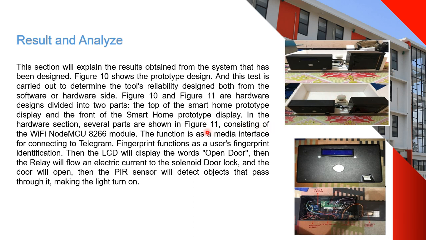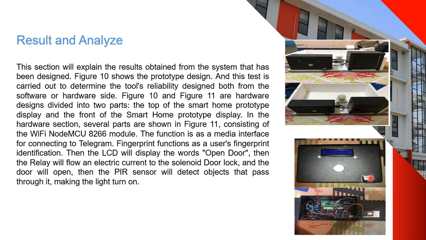And in the hardware section, several parts are shown in figure 11, consisting of the Wi-Fi NodeMCU ESP8266 module. The function is a media interface for connecting to Telegram. The fingerprint function serves as user fingerprint identification.